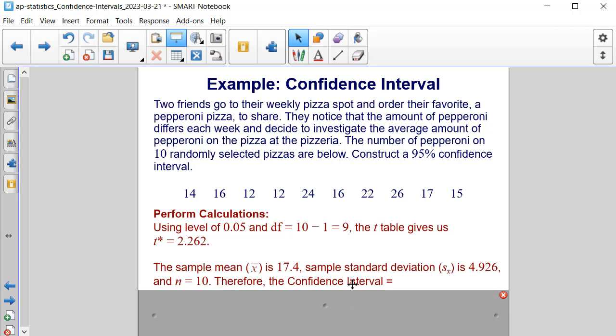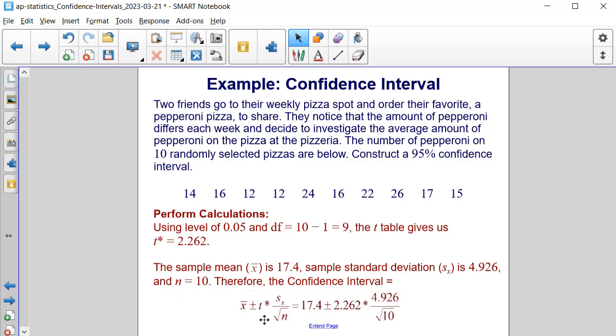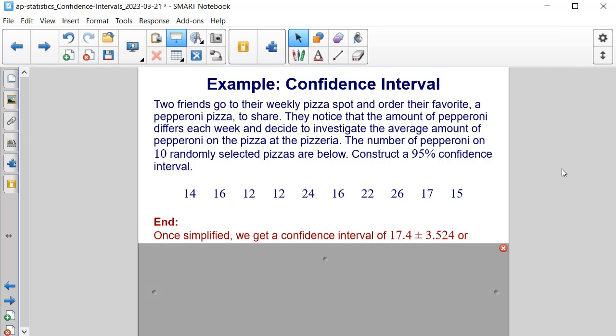And then if we put these values into our confidence interval formula, we have 17 and 4/10 plus or minus 2.262 times 4 and 926 thousandths divided by the square root of 10. So our ending step is, once simplified, we get a confidence interval of 17 and 4/10 plus or minus 3 and 524 thousandths.